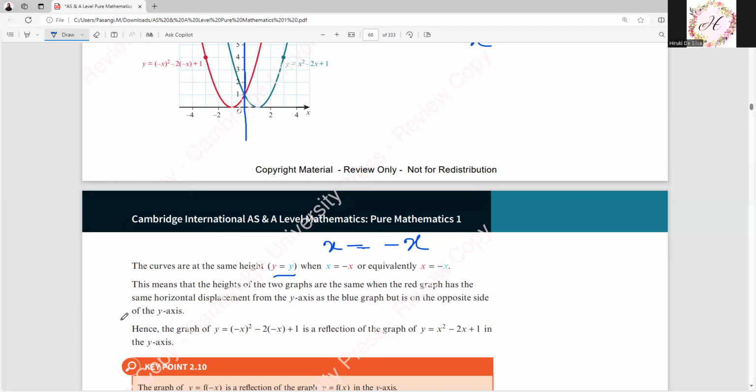Hence, the graph of y is equals to x squared minus 2 times minus x plus 1 is a reflection of the graph of y is equals to x squared minus 2x plus 1 in the y-axis. That's what we have here. Is it clear?